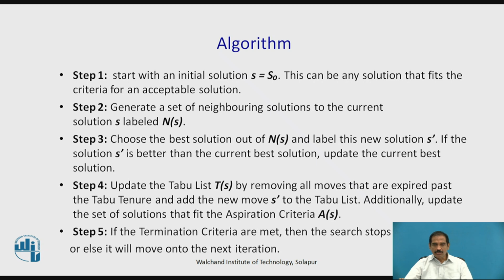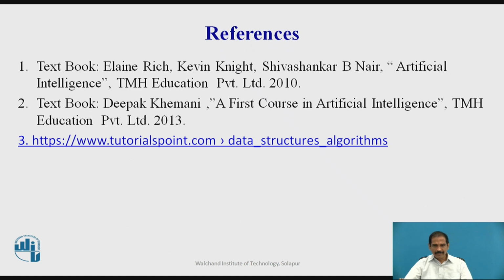So the tabu list is always updated with the latest nodes. Additionally, we update solutions that fit an aspiration criterion, which we call A of S. And if the termination criteria are met, then the search stops, or it will move on to the next iteration.